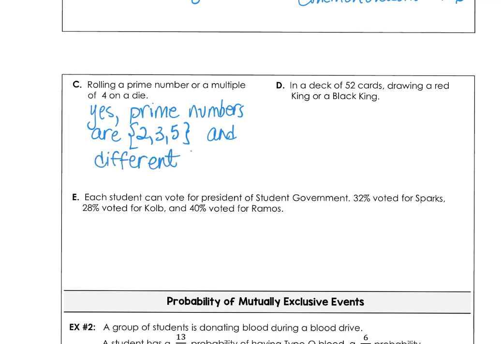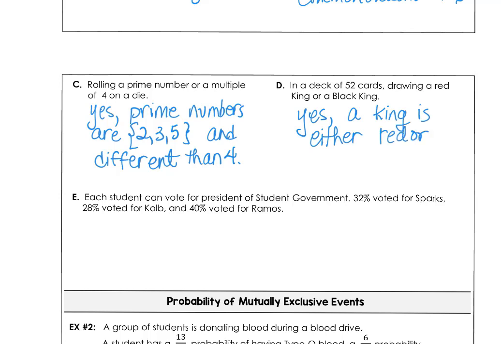Then part D, in a deck of 52 cards, we're wondering if drawing a red king or a black king are mutually exclusive. In that case, I would say yes. A king is either going to be red or black, so they don't have an overlap.